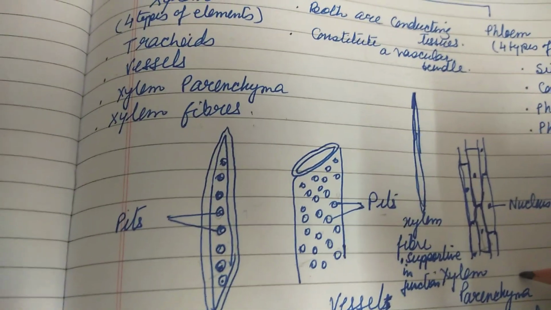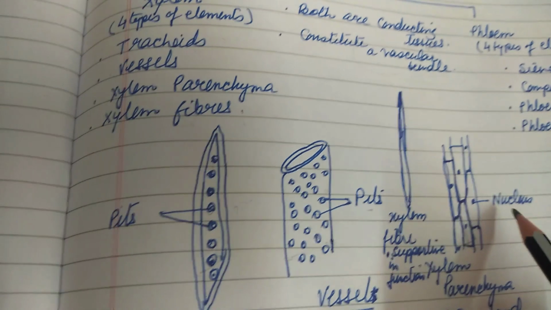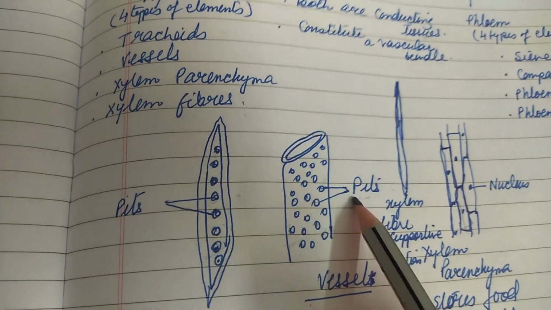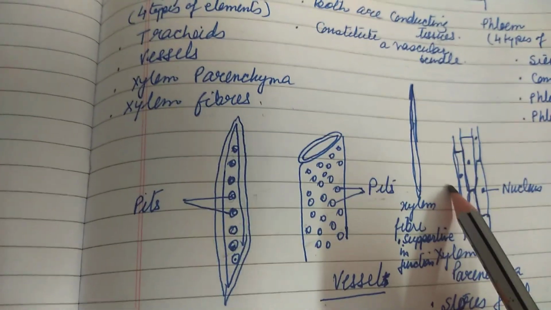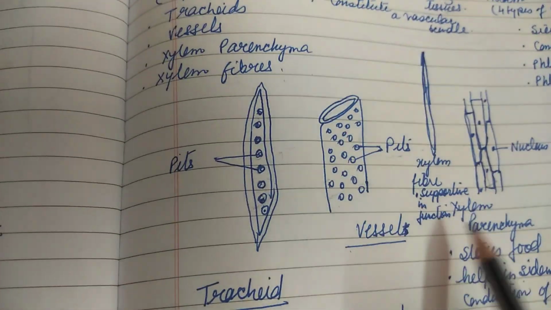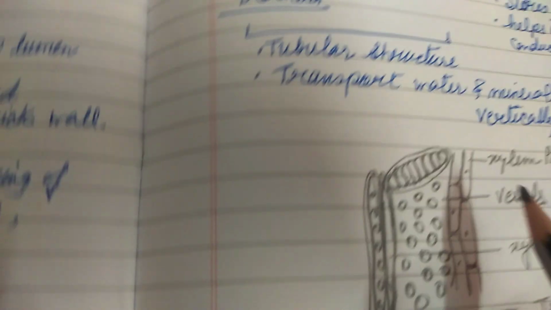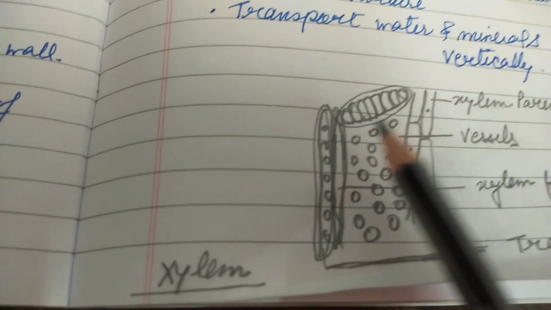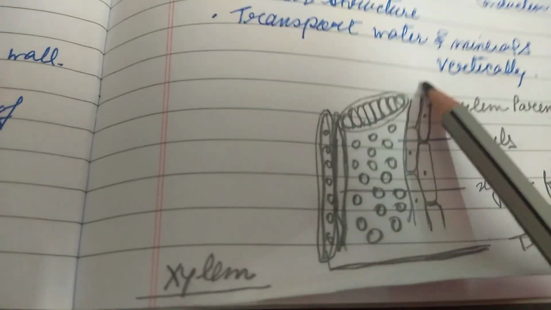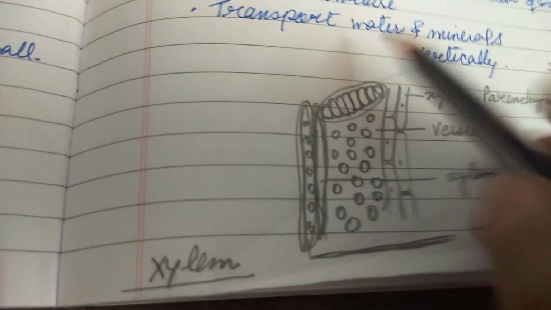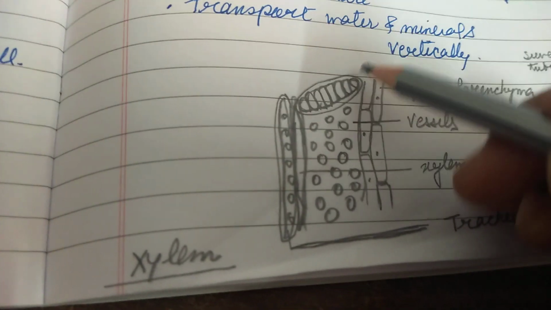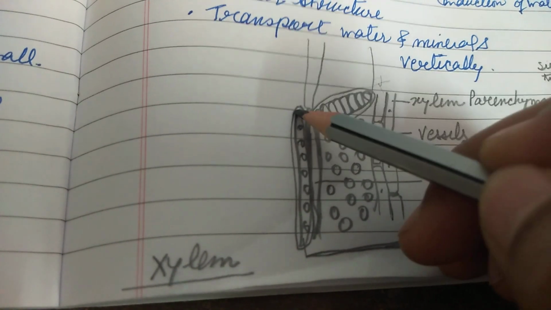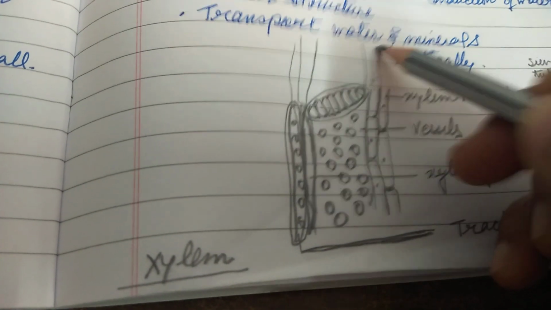Right? We have studied these structures separately, but they are grouped together. I'll just show you how they look in a structure. If we see the structure of xylem, they are arranged like this. This is a vessel, clear? Above this there is one more vessel, then one more tracheid. It is like that. We have drawn just one portion of it.